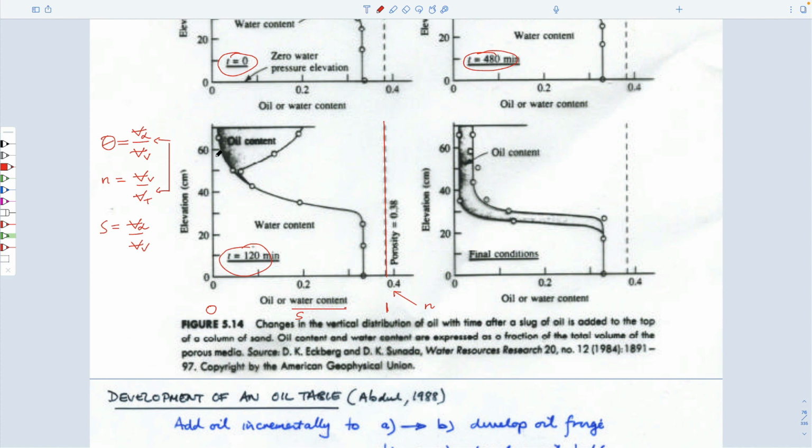So if you look at drawing this invasion of this tongue, which is attempting to move downwards, this is being injected. So this would be the volumetric moisture content of the air. This would be the volumetric moisture content of the non-wetting fluid.